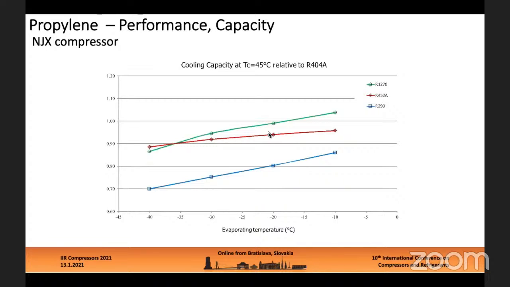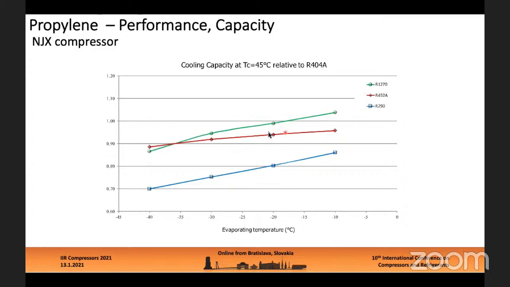From the relative capacity chart, we can see clearly the benefit in cooling capacity compared to propane. At higher evaporating temperatures, the capacity is equal to or even a little bit higher than 404A.